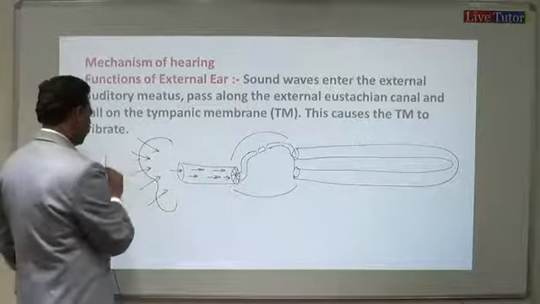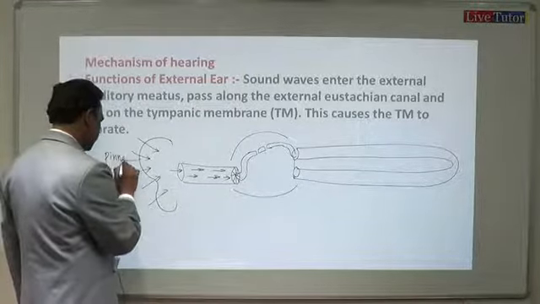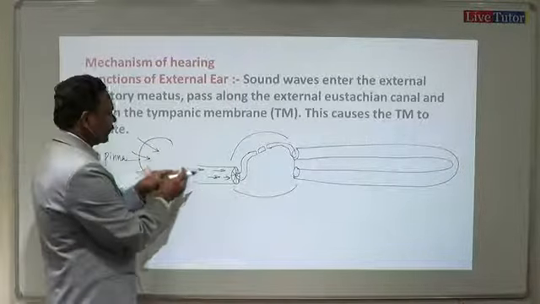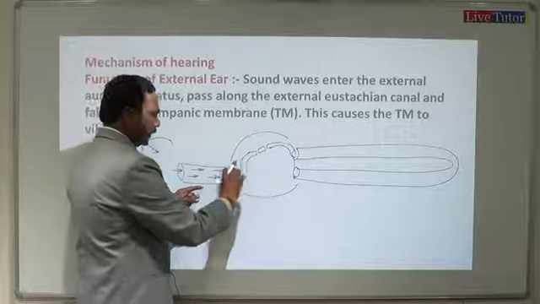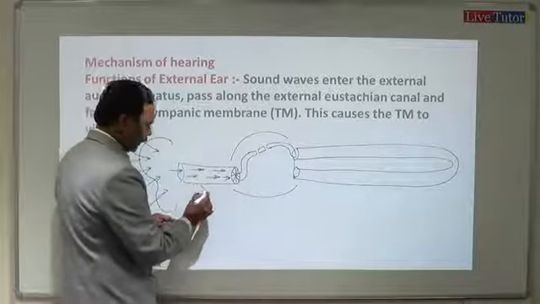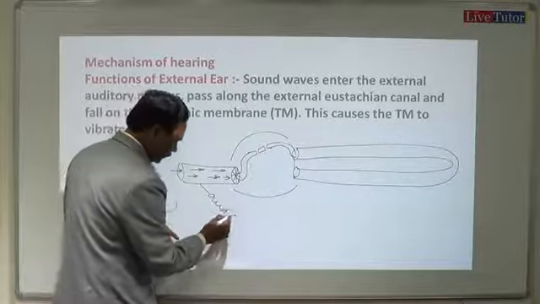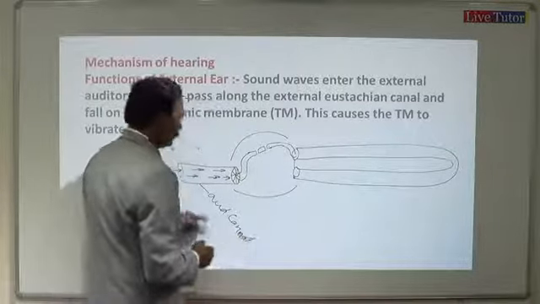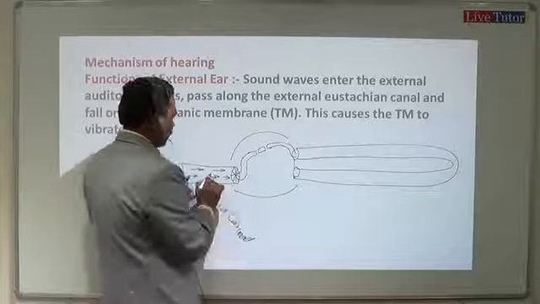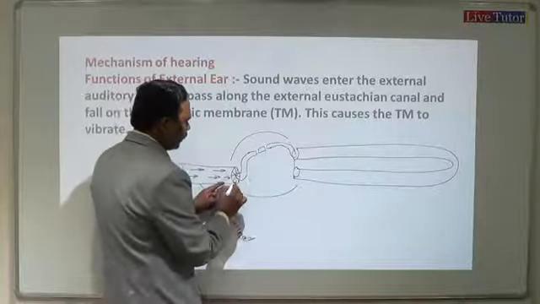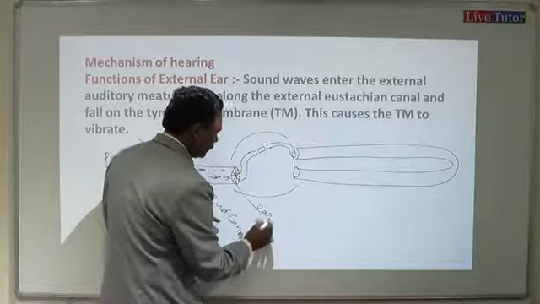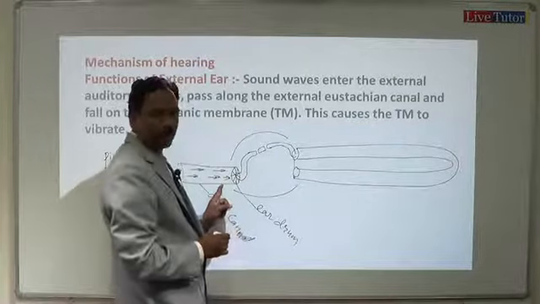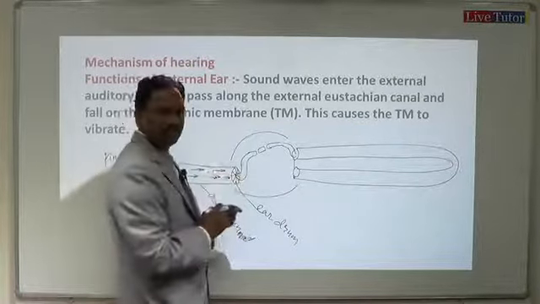So the pinna is used to collect the sound waves and direct them to the middle ear through the auditory canal. Then the sound waves strike on the eardrum, that is the tympanum. The tympanum gets vibrated.